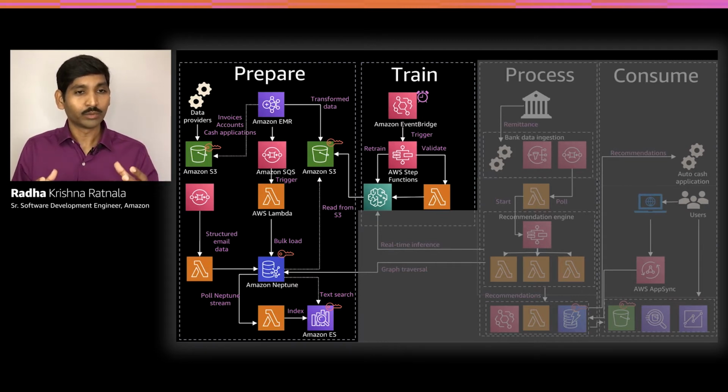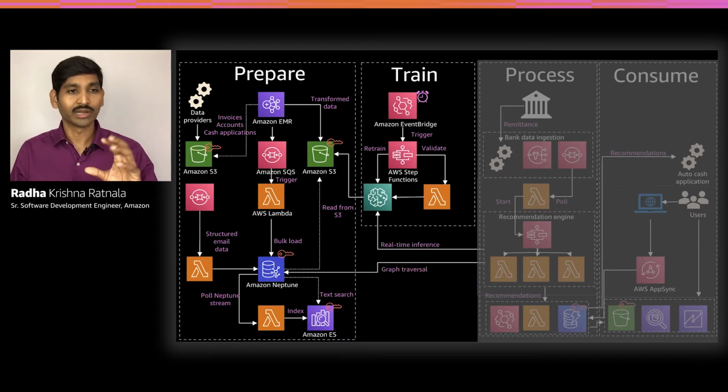We retrain the model with every day's cash applications, including the manual cash applications as well. We not only train the model, we also do validation to understand the drift. Once we are happy with the new model and have done the validation, we deploy it for real-time inference.